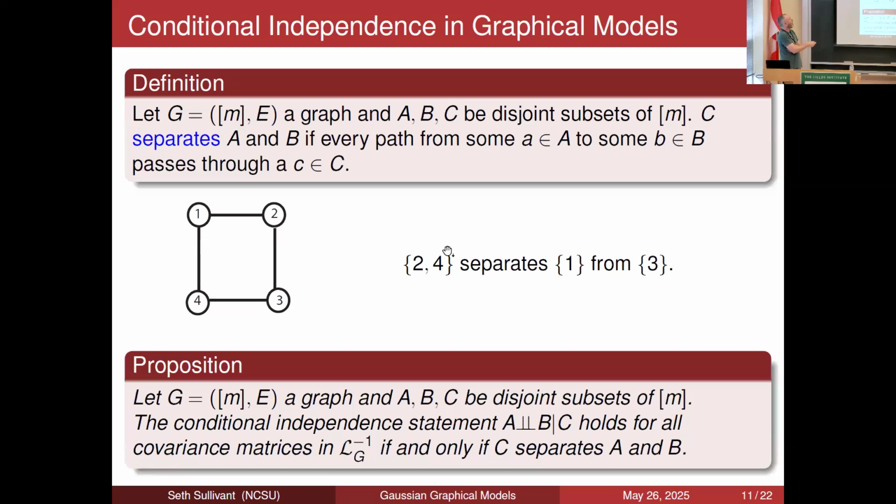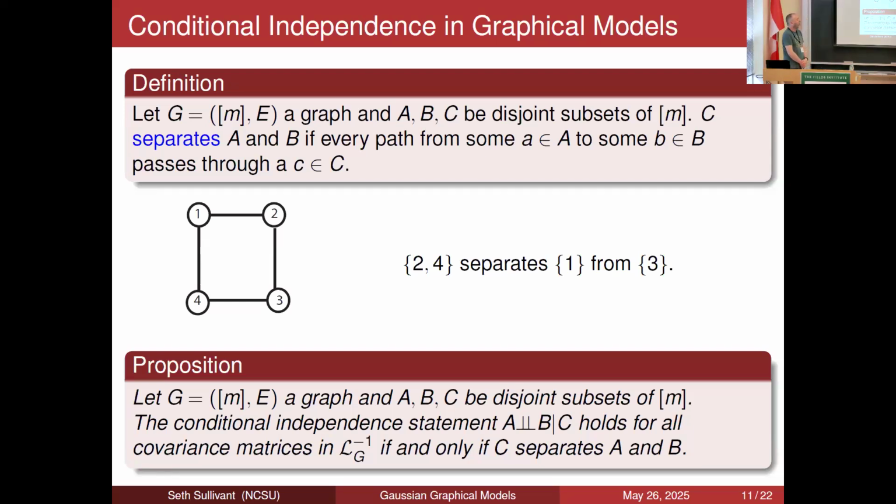So if you have your graph G and you have disjoint subsets A, B, and C of the vertex set, then we say that the set C separates the sets A and B if every path from some a in A to some b in B has to pass through some c in C. Okay, so in this graph here, the set {2, 4} separates 1 from 3 because every path from 1 to 3 has to hit some element in C, 2 or 4.